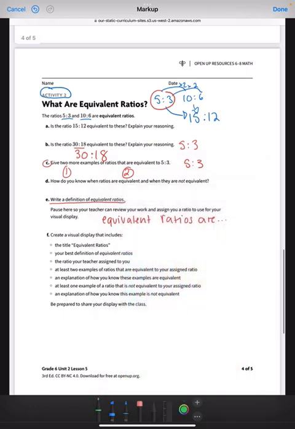All right, welcome back. 15 to 12, I would multiply 5 times 3 to get 15, and I would multiply 3 times 4 to get 12. Are these two the same number that I'm multiplying by? They are not. So that is not equivalent.